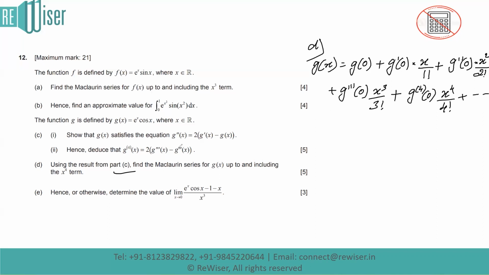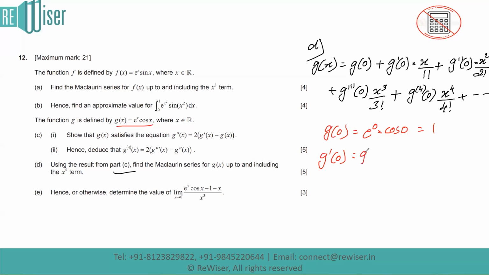So in that case, g of x is given like this. Then we know g of 0 is going to be e power 0 times cos 0. E power 0 is 1 and cos 0 is also 1, so this is going to be just 1. If I talk about g dash of 0, we found it in part C: g dash of x equals g of x minus e power x into sine x.